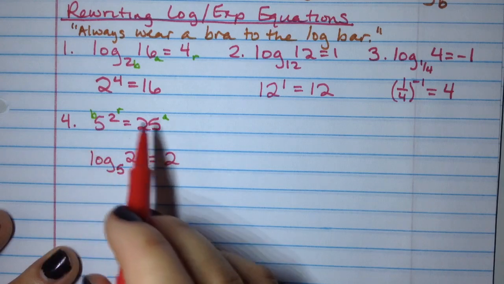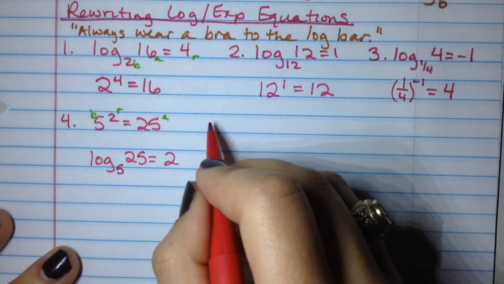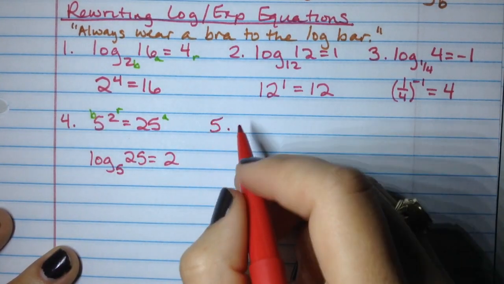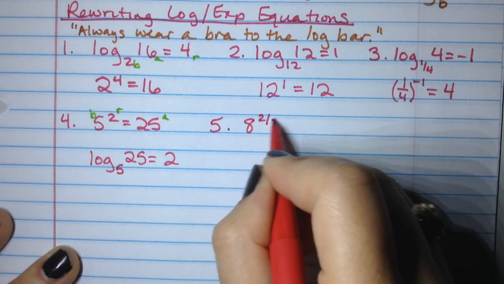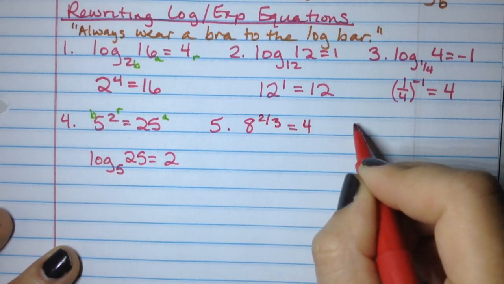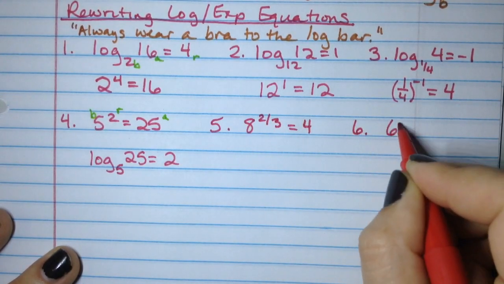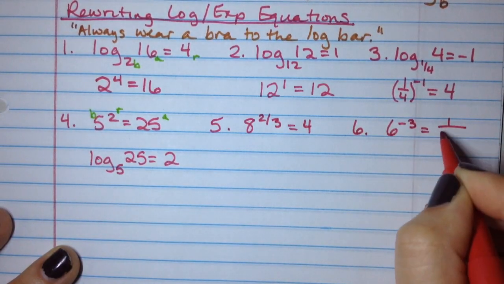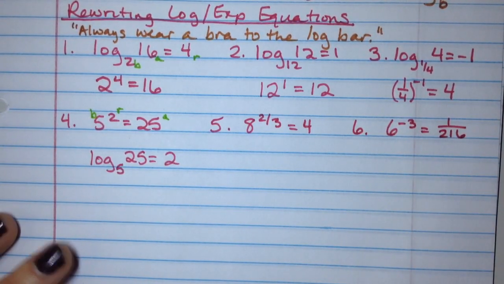These are inverse functions. They undo each other. Again, I want you to take a second to try to write these in logarithmic form, these next two examples. See if you can get it to writing it in logarithmic form from the exponential.